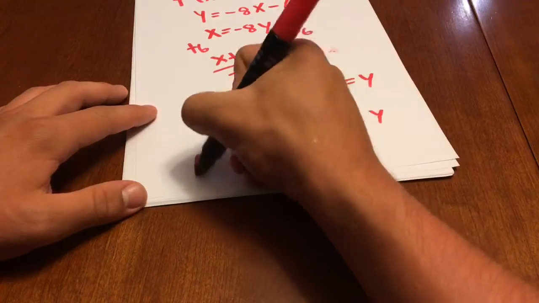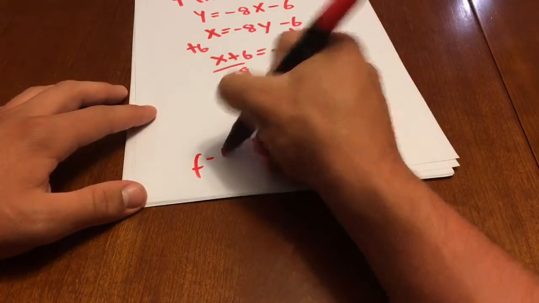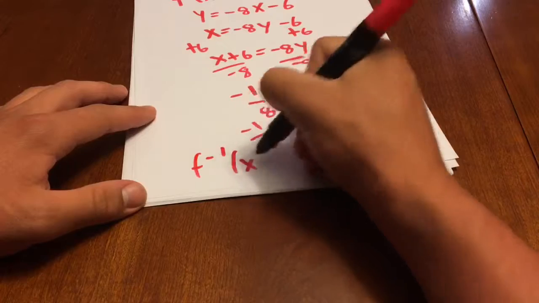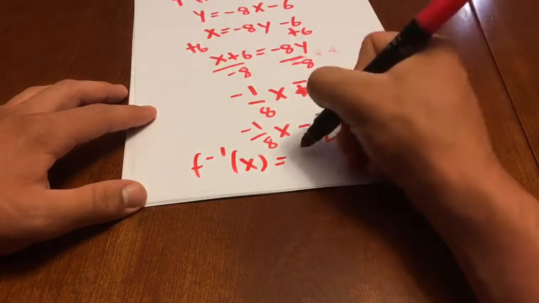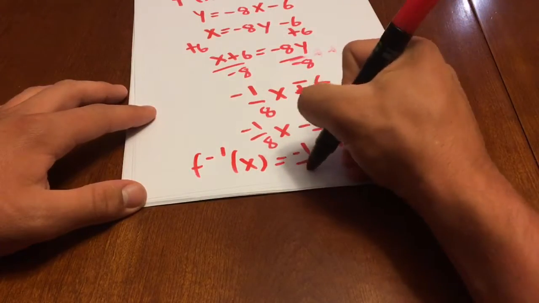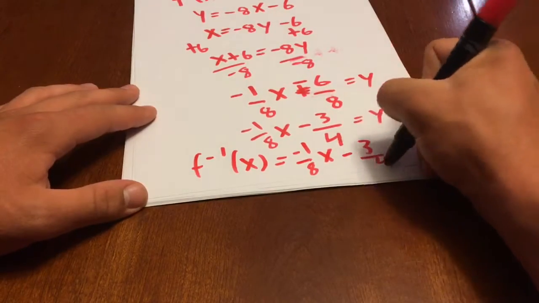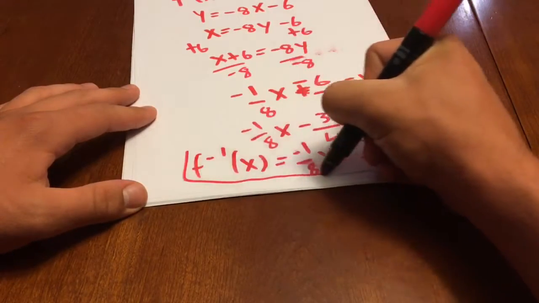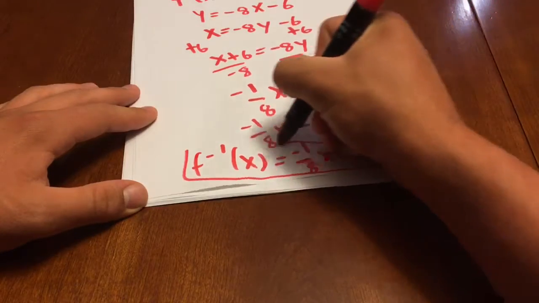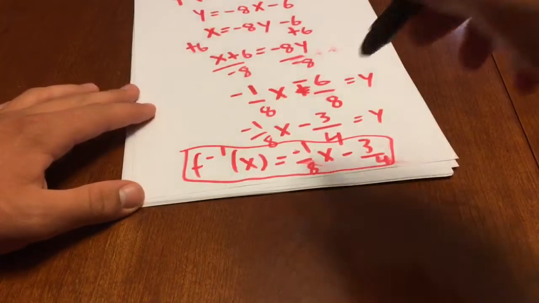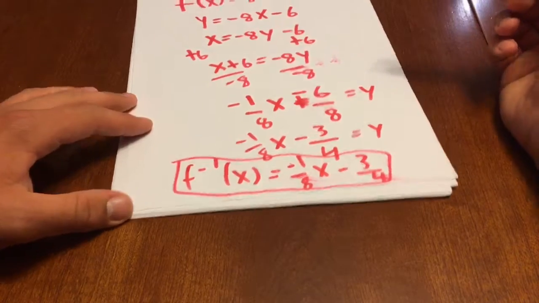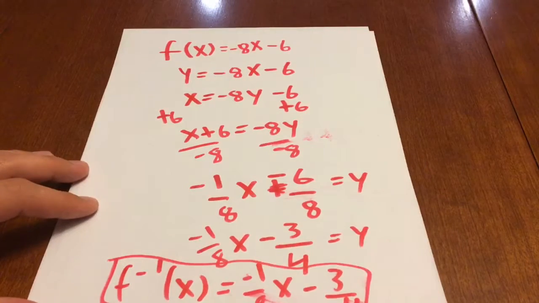So f of negative 1 of x equals negative 1/8x minus 3 over 4. And there you go. That's the inverse of f of x equals negative 8x minus 6.